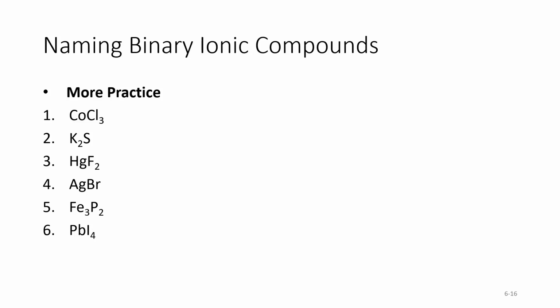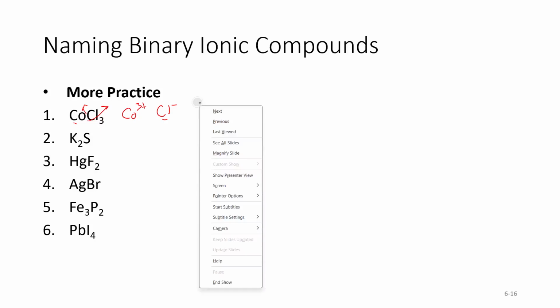Okay, here we go. Cobalt. I know that cobalt has more than one form, so we're going to flip up the charges. This becomes Co 3 plus and Cl minus. I need to confirm that chlorine in its ionic form, chloride, has a -1 charge, and it does. So this is just cobalt 3 chloride.